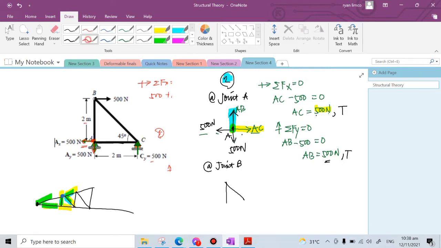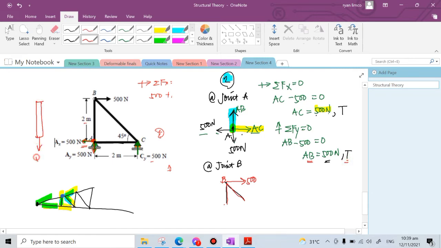Tapos, we have the load of 500 here. Pero, kung ito si B, ang pangalan ng member na to ay si BA. Ang pangalan nito ay si BC. Pero nga, si BA ay si AB, iisa lang, no? Kasi nga kung ito yung member natin, member AB natin, lumabas dito sa computation natin, tension 500.